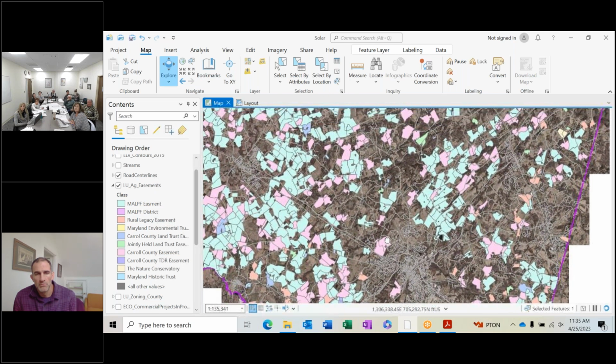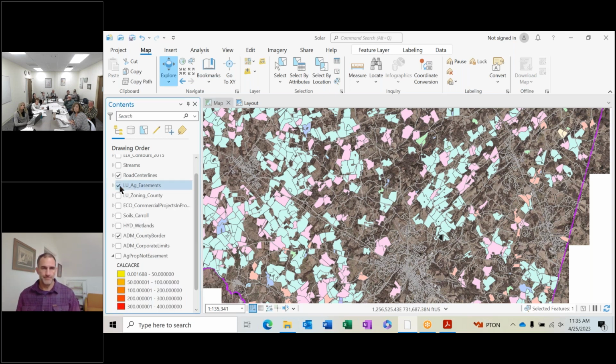I then went through an exercise of looking at agriculturally zoned properties, and I subtracted out all of the preserved properties. Then I categorized them by acreage. I turned off anything less than 50 acres because that's what we were talking about last week.